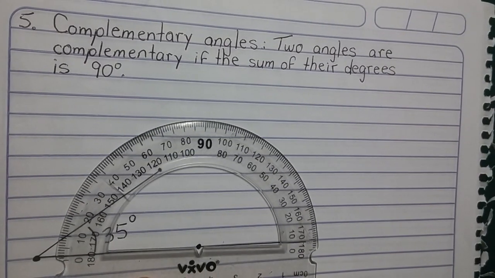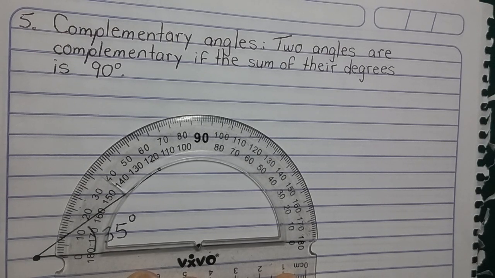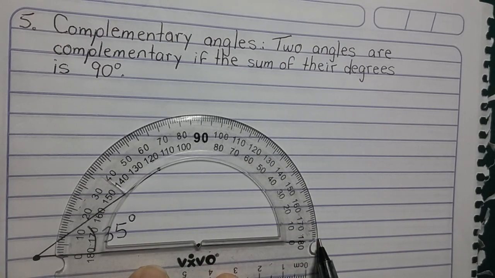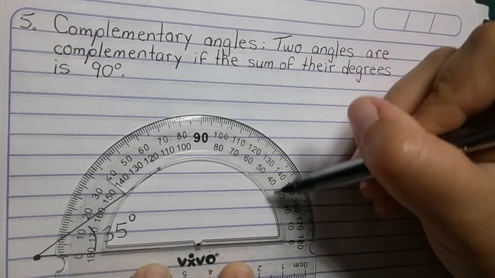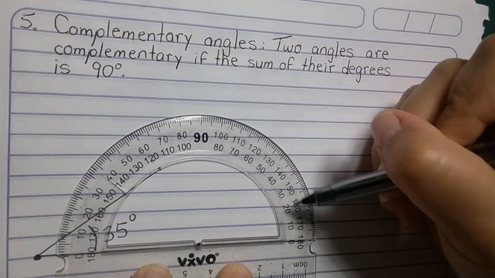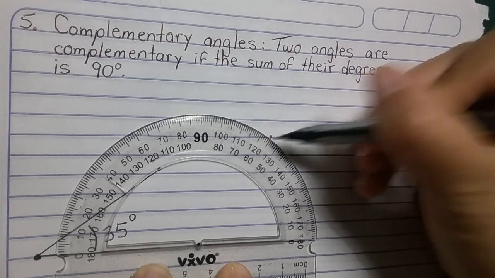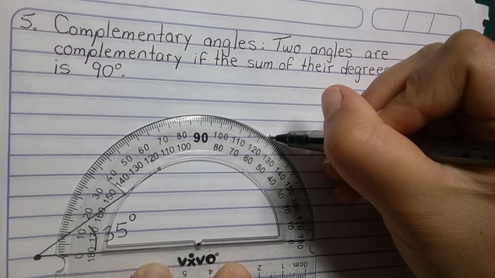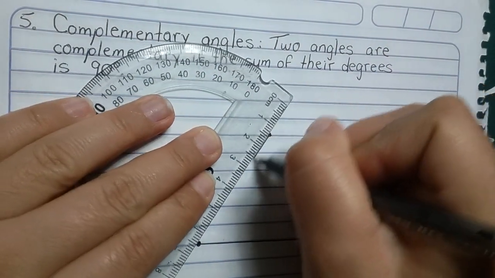And again, let's use the protractor. Remember, 100 on the line of the notebook. And now I want to have 55 degrees. 10, 20, 30, 40, 50, and here is 55. Let's join the 2 points.